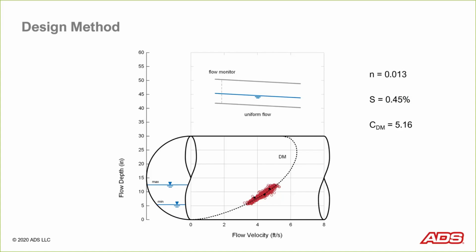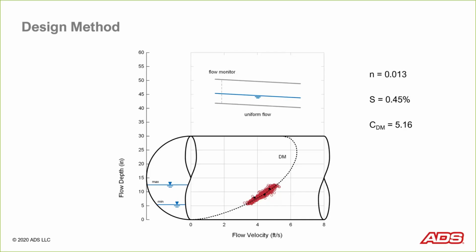Now, I mentioned earlier on, it's important when you're learning to understand scattergraphs and what they mean, to associate the data on the graph with what that flow would look like if you could stand right beside that pipe and visualize a profile of flow moving through that pipe. So I've shown that on this graph here.